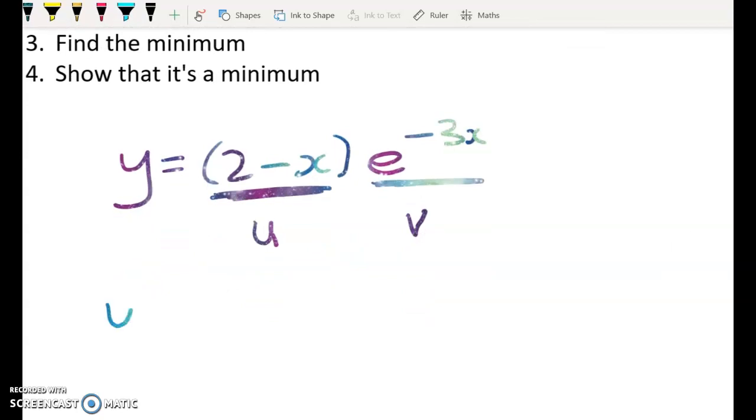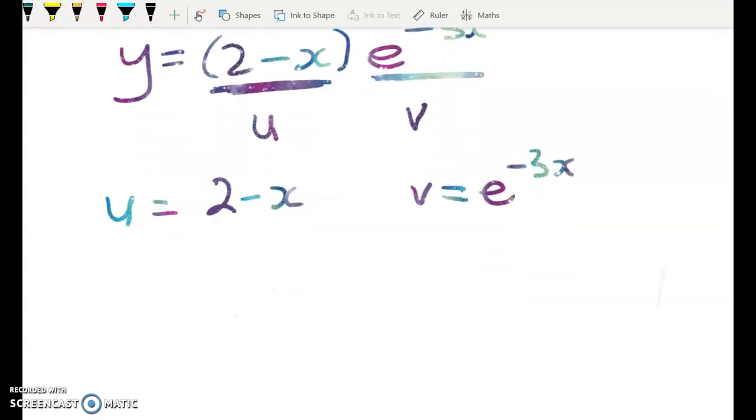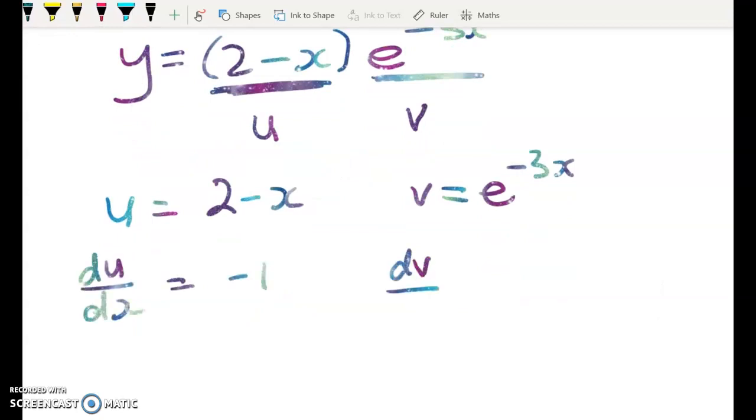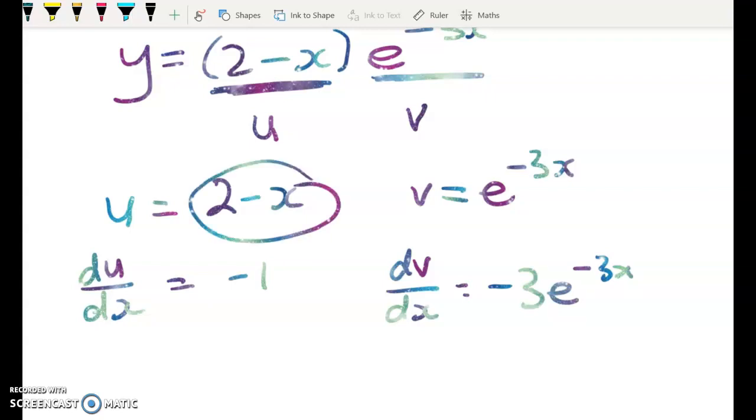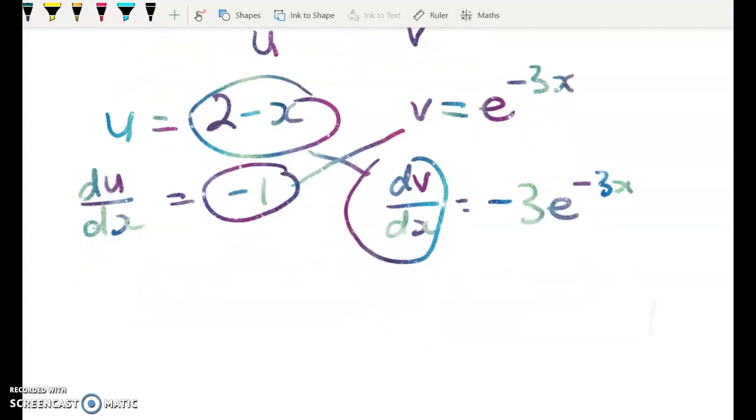So we've got u is equal to 2 minus x, v is equal to e to the negative 3x. So du by dx is negative 1, and dv by dx is negative 3 e to the negative 3x by the chain rule. Now the product rule says I'm going to do this times this, and this times this.